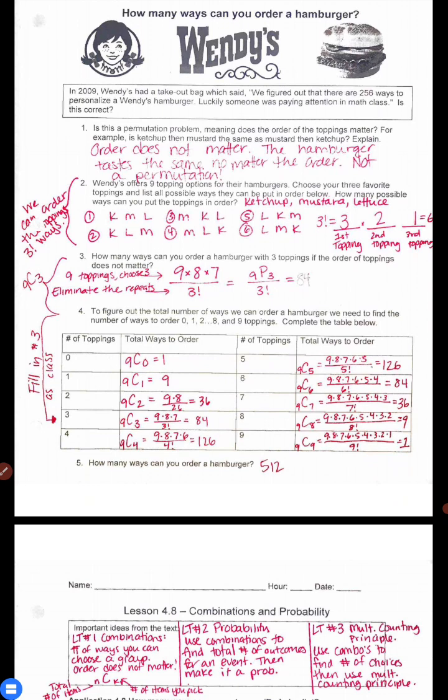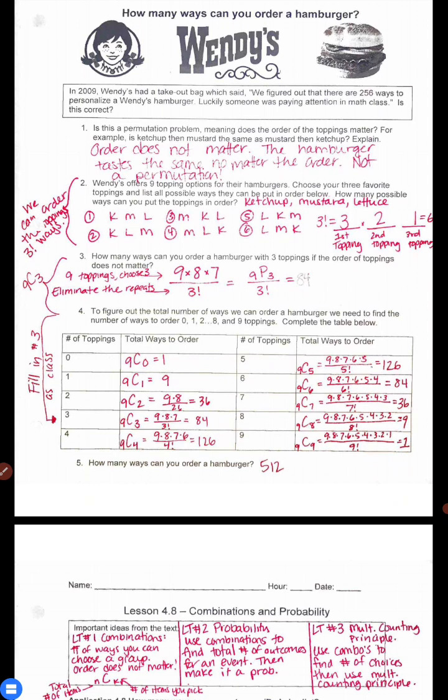So is this a permutation problem? Well, what does that mean? Well, permutation is an arrangement of items. We are arranging some items. We're putting some toppings on a hamburger. But here's the key. If it's a permutation, the order of the toppings matters. So, for example, ketchup going on the burger before mustard would be different than mustard first, then ketchup, if it's a permutation.